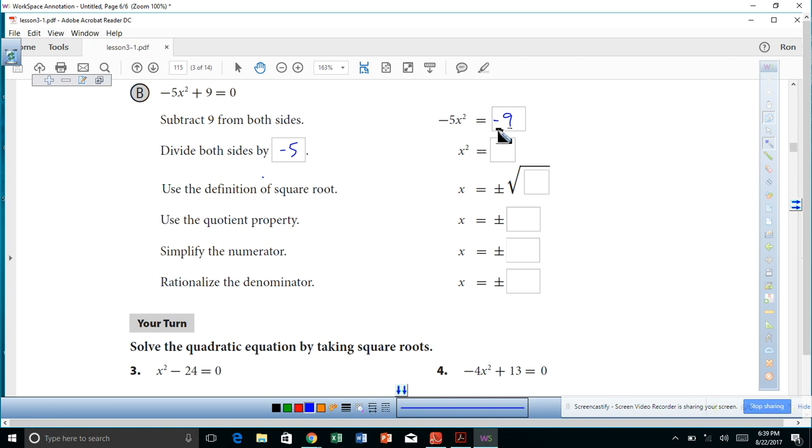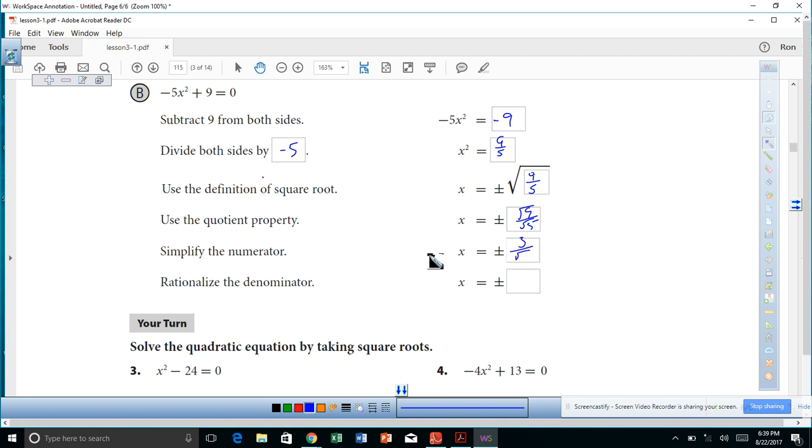All right, so we get 9/5 over here. And then we're going to take the square root of both sides, and we get the square root of 9/5, okay, which is the square root of 9 over the square root of 5, which is 3 over the square root of 5.